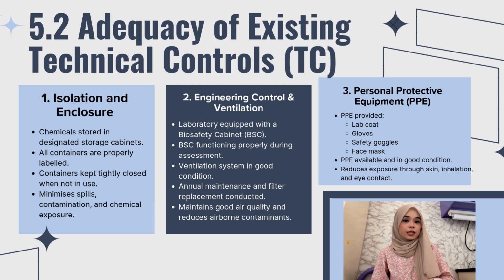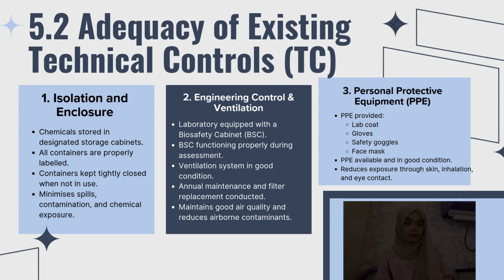Now, I will explain 5.2 Existing technical control measures. Several technical control measures are already implemented in the laboratory. First, chemicals are stored in designated cabinets, properly labeled, and kept tightly closed to prevent spills and contamination. Second, the laboratory is equipped with a biosafety cabinet and a well-maintained ventilation system to reduce exposure to airborne contaminants.